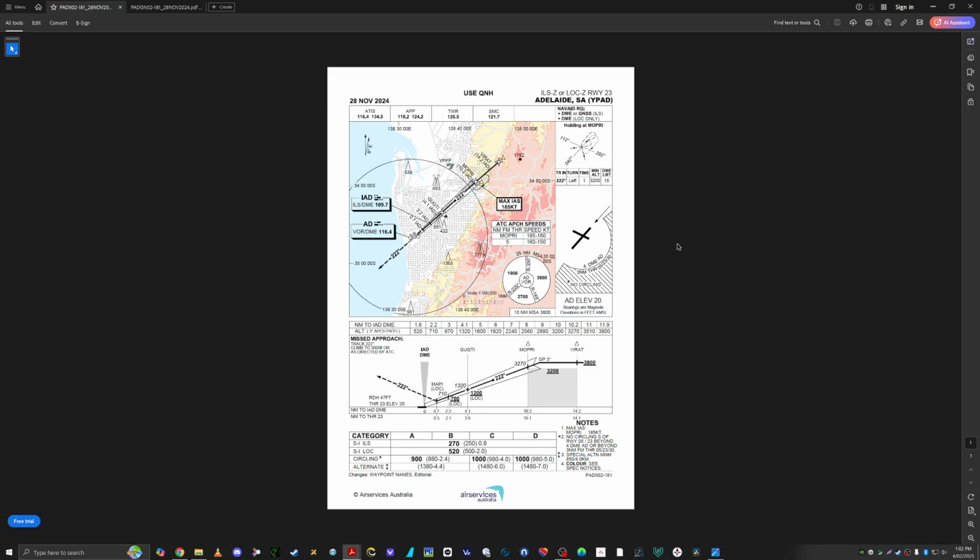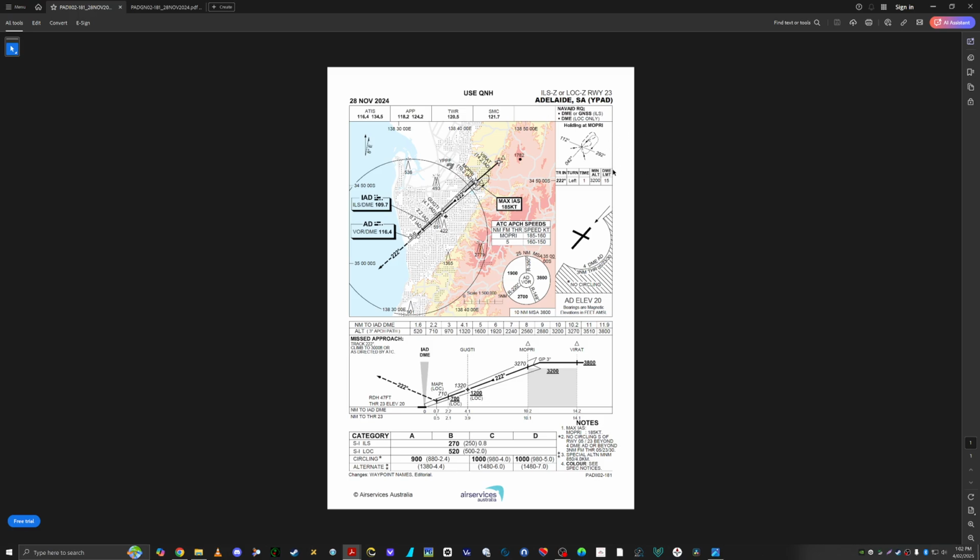The lateral is obviously taken care of by the localizer, and the vertical is taken care of by the glide slope or the glide path. It's usually in precision approaches called the glide slope.